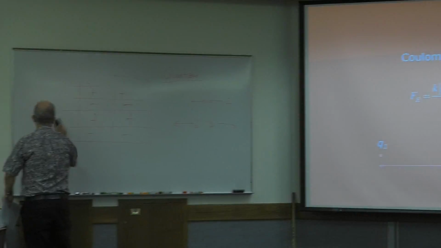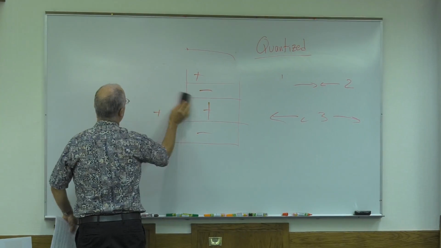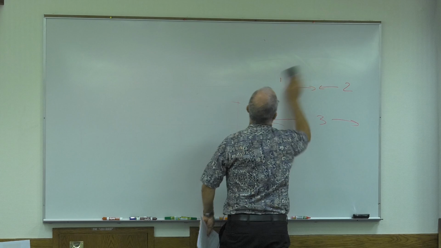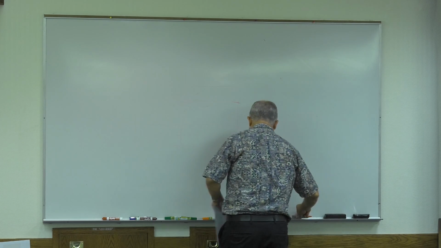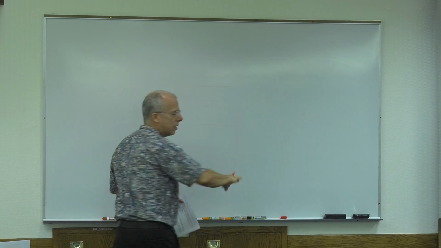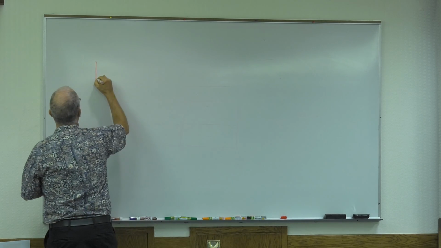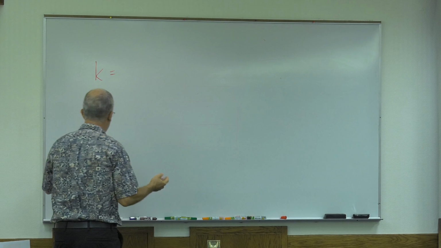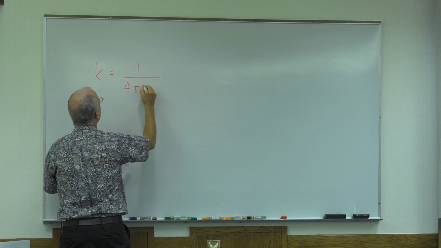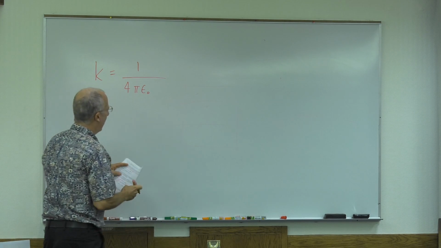All right, now what's this K? Let's talk about K. K is a constant. You'll see it all the time in electricity. So, all right, K, I'm sorry to do this to you, but K is 1 over 4 pi epsilon 0. Why would you do that?